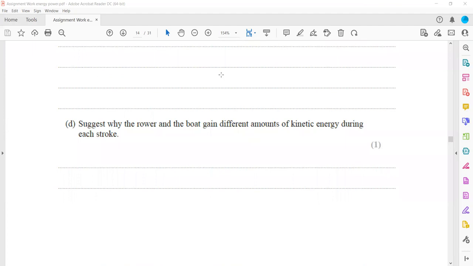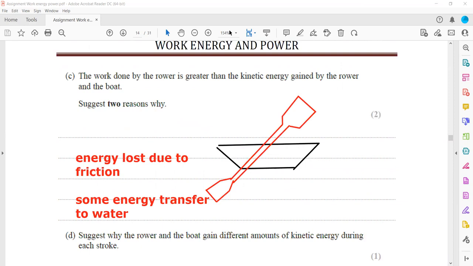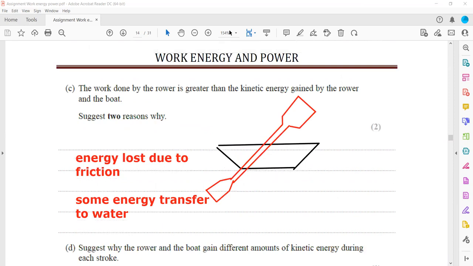Suggest why the rower and the boat gain different amounts of kinetic energy during each stroke. So what is the reason why they have different kinetic energies? Look, when the rower is stroking, the boat, like there's a person inside.